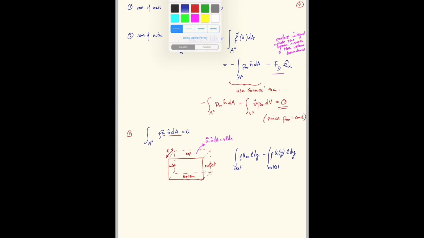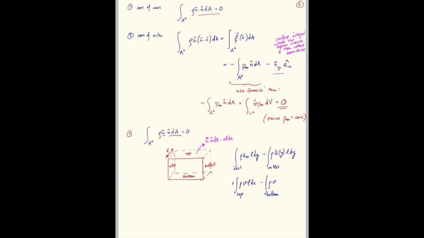So we have plus the integral over the top, rho vL dx, and then minus the bottom, because again the surface normal points in the opposite direction, so we pick up a minus vL dx.